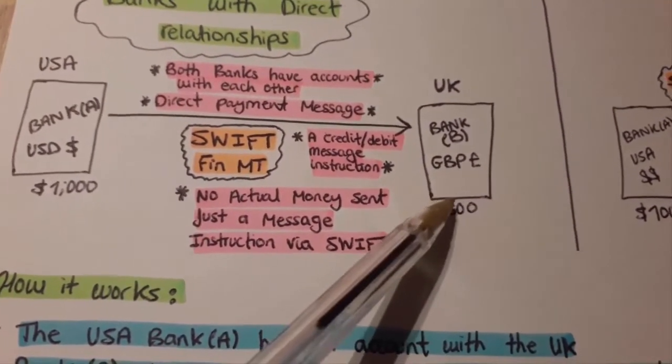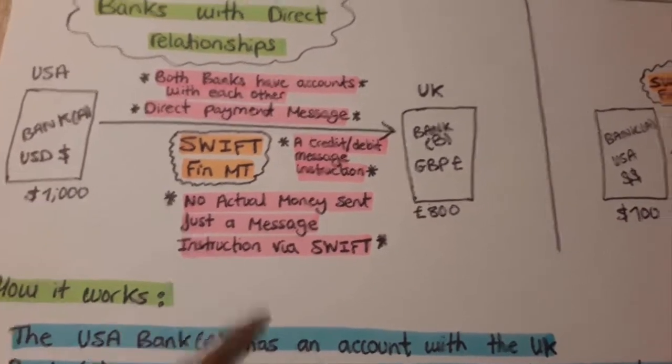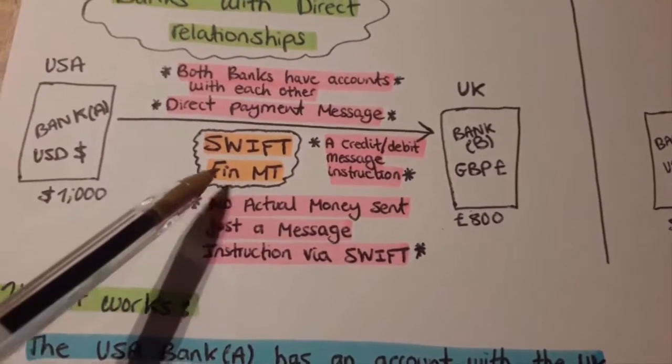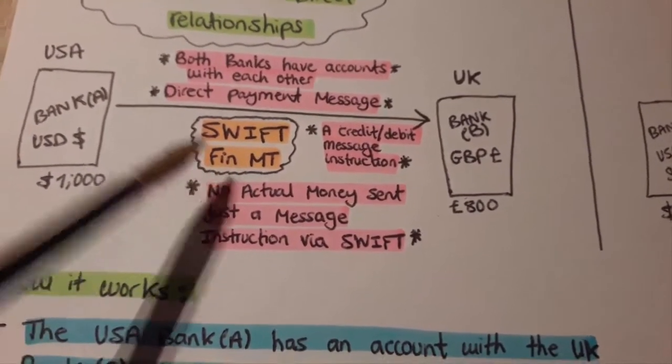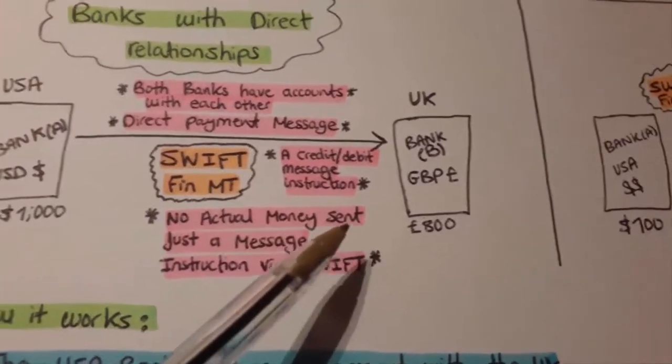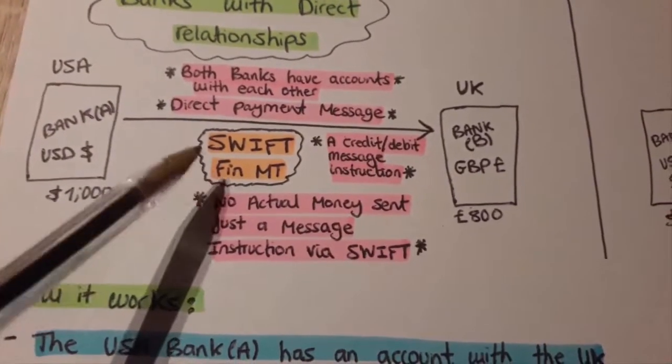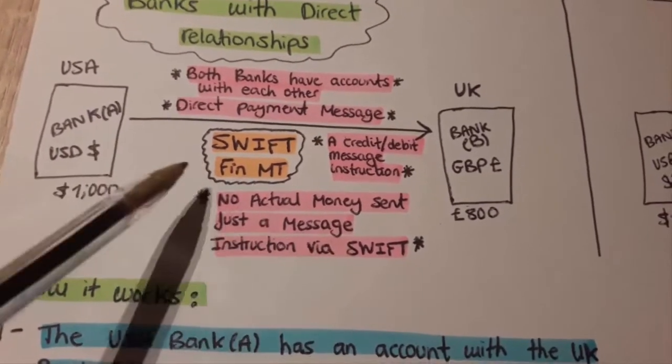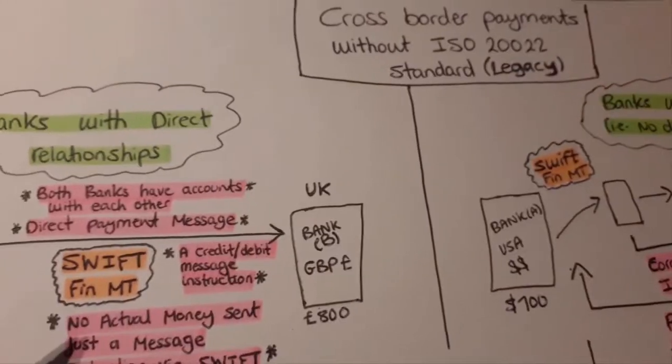That £800 was taken from Bank A's account, and that is all done via a message. So no money actually gets transferred, just a Swift message instructing the banks to credit or debit an account.